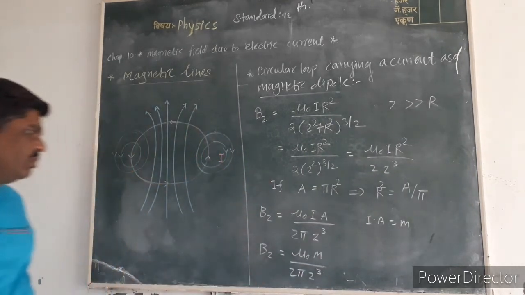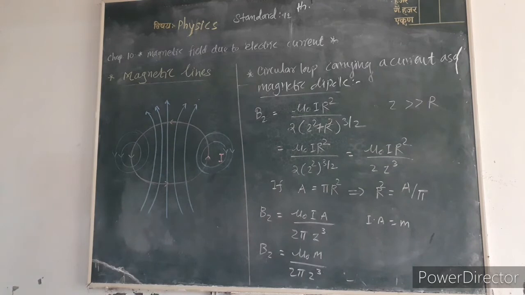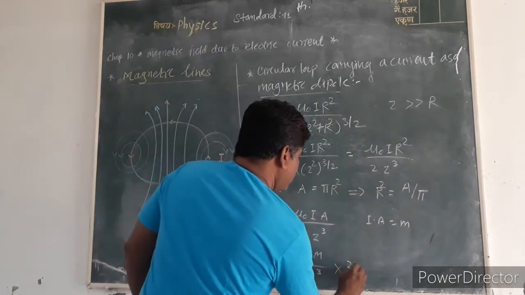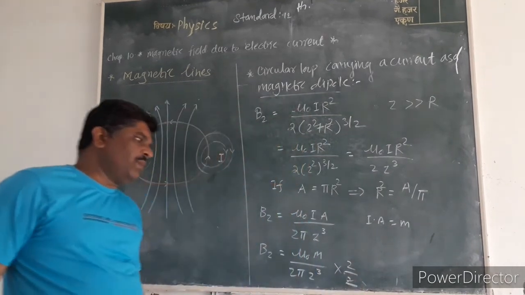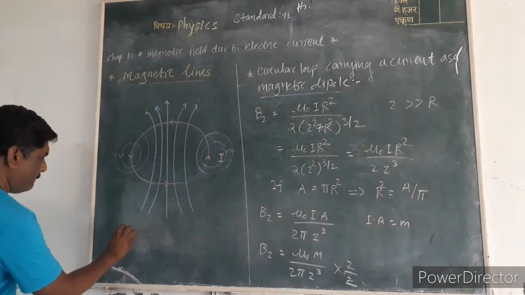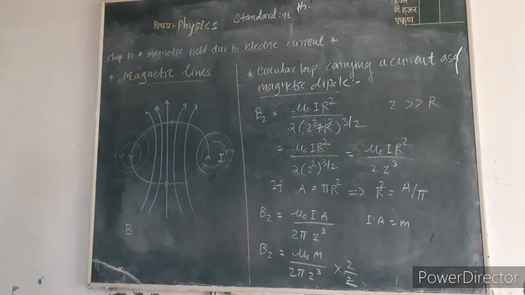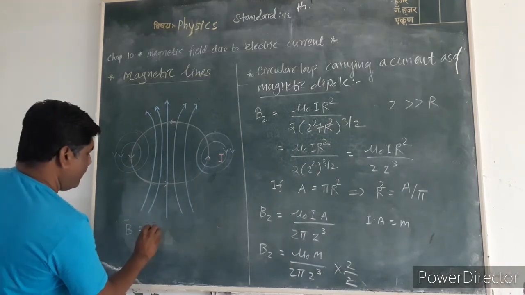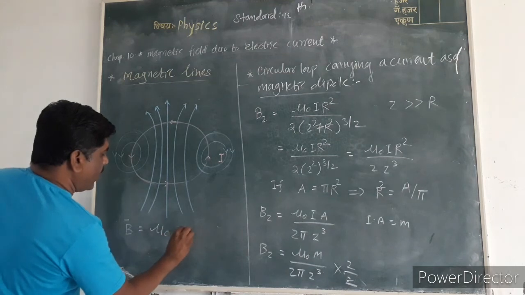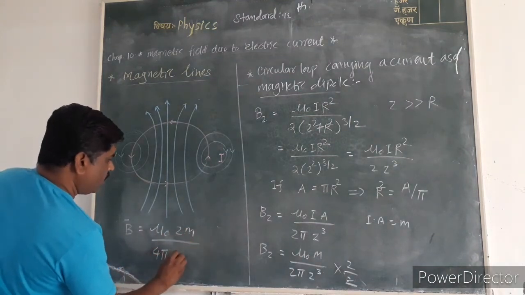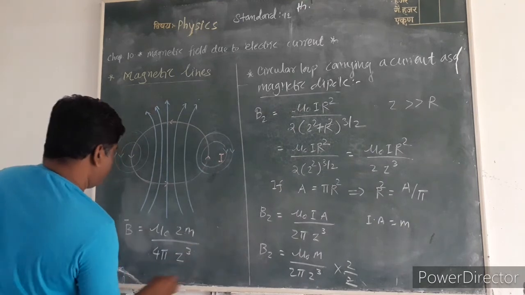If we rearrange, multiplying and dividing by 2, we get Bz or B bar is equal to mu 0 upon 4 pi into 2m divided by z cube.